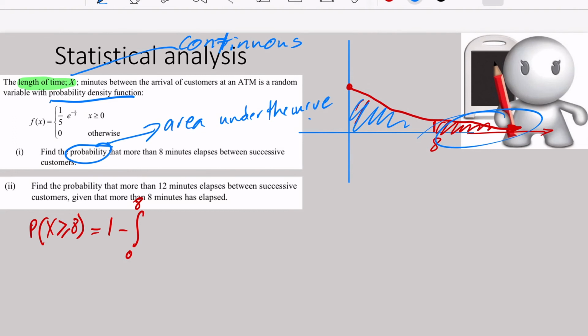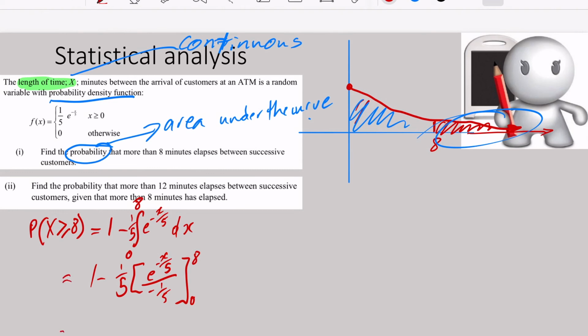So let's do that. It's the integral of 1/5, which I'm going to take out because that's a constant, times e^(negative x on 5) with respect to x. So it's going to be 1 minus a fifth multiplied by e^(negative x on 5) divided by its derivative, which is negative a fifth, and I need to calculate the area from 0 to 8.